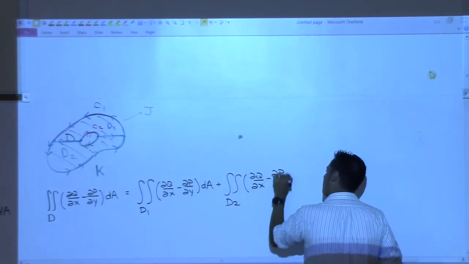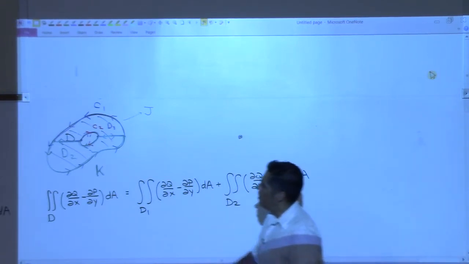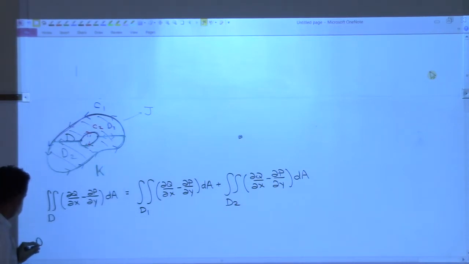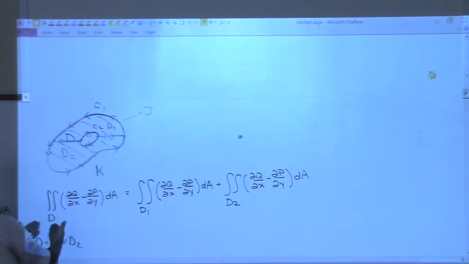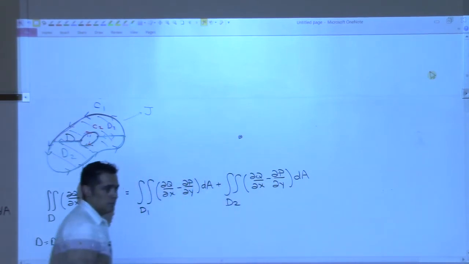All right. So y'all buy that? Okay, so I have D1, D2, and D is equal to D1 union D2. So the double integral over D should be the double integral over D1 plus the double integral over D2.